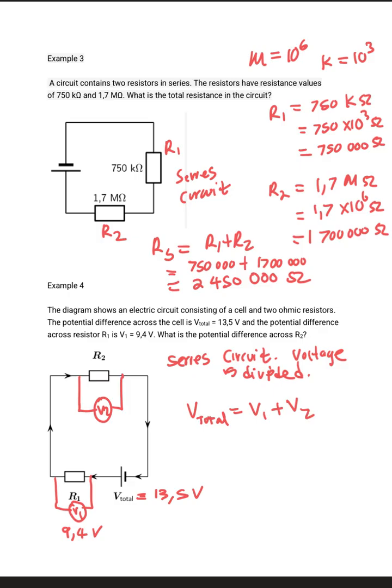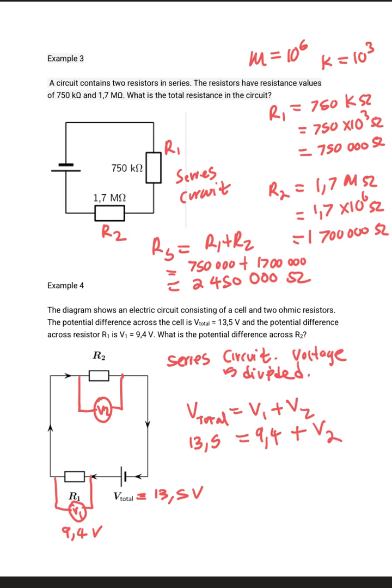It's split, sort of shared between the resistors. So the V total from the battery is what? The battery supplies 13.5 volts. And what is V1? V1 we know is 9.4. We are given 9.4 volts. We want to know V2.